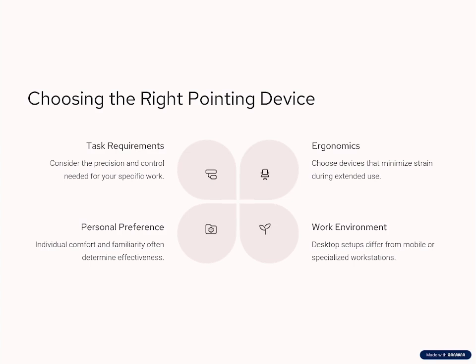Now, the last factor is the work environment. The work environment will also dictate the type of pointing device that you want to use. A desktop setup will always differ from a mobile setup. In a desktop setup, we might be prone to use the traditional mouse, either the trackball or the optical mouse.